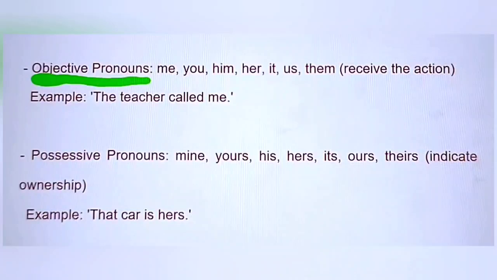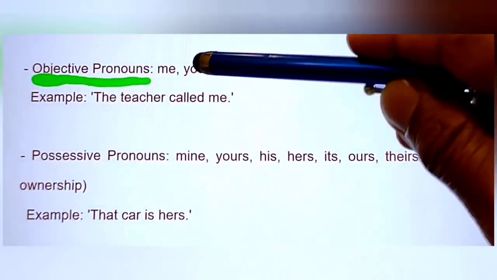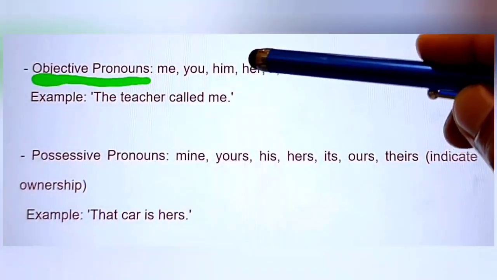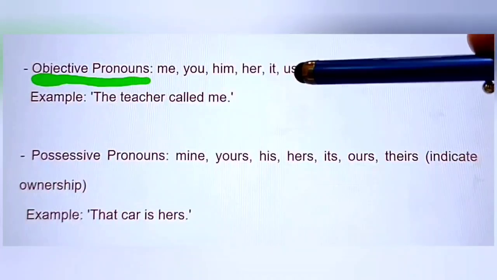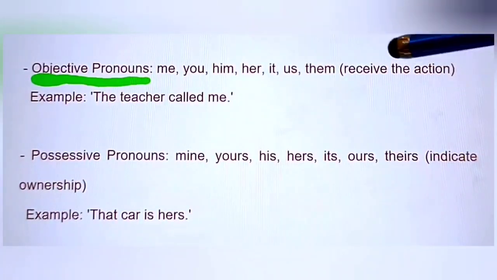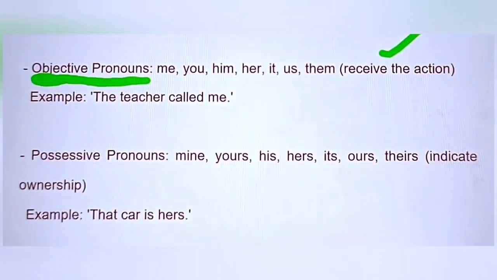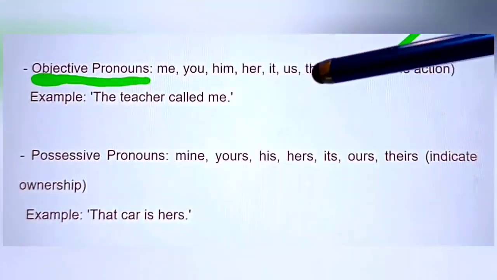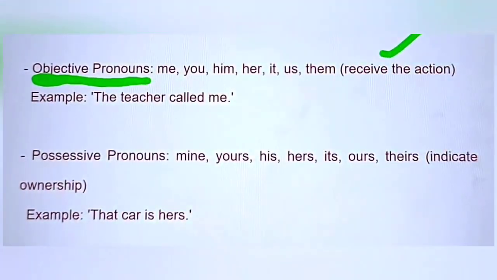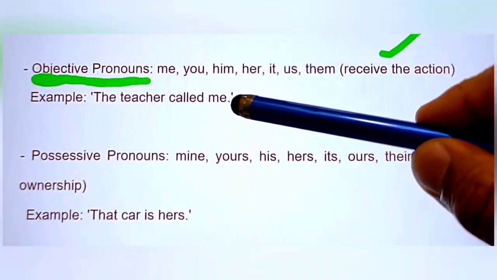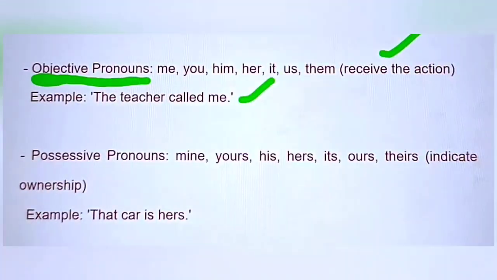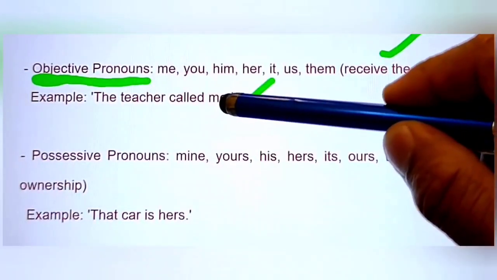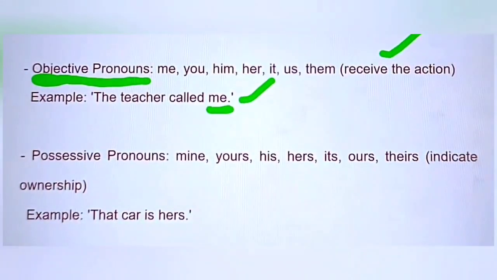For example: me, you, him, her, it, us, them. They receive the action. This is known as an objective pronoun. For example, the teacher called me. So "me" here is an objective pronoun.